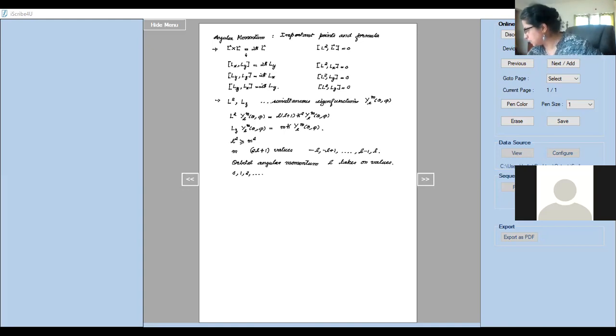Now, the next thing that we need to remember is what is the form of the eigenfunctions. For over here itself, I will do Lz eigenfunctions have the form.